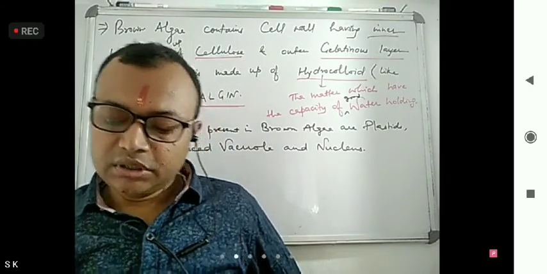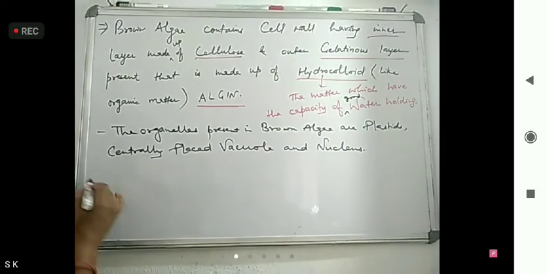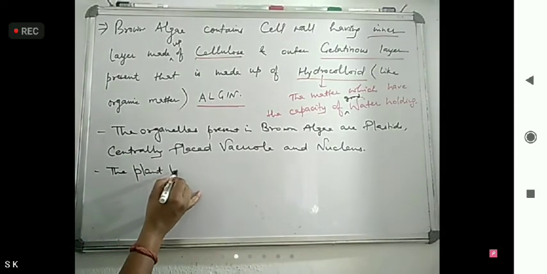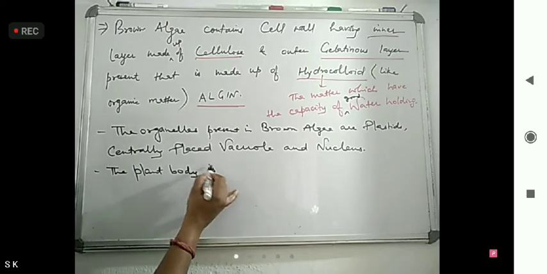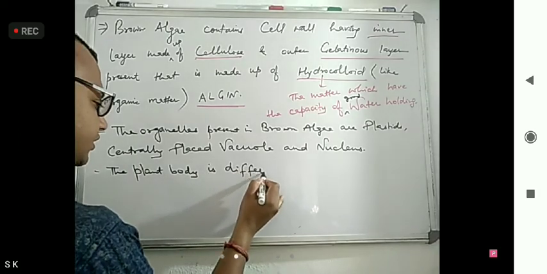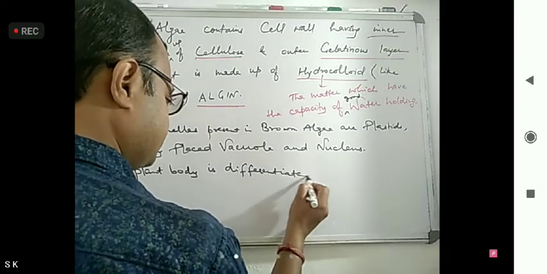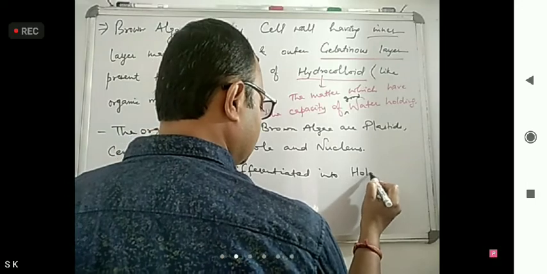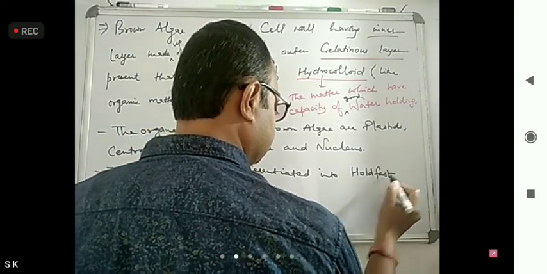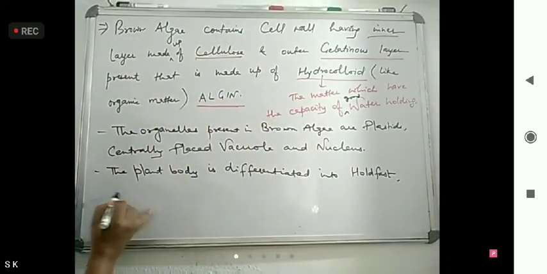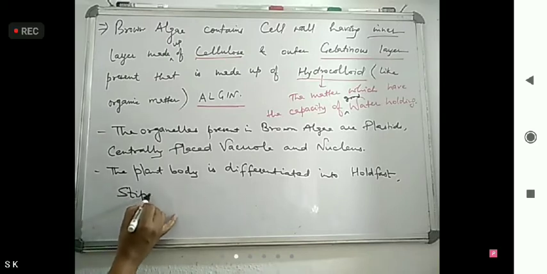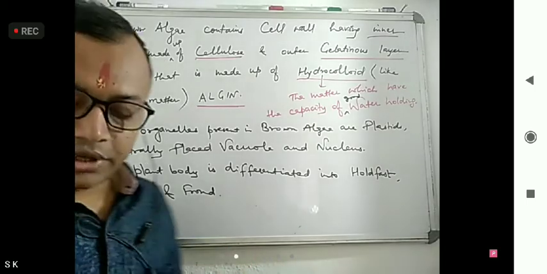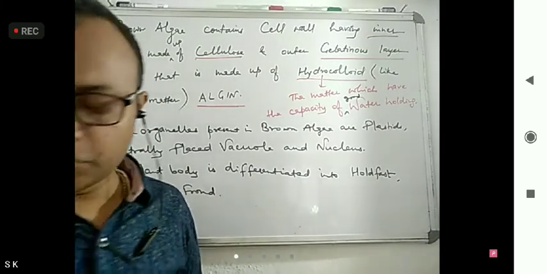So what I told, the plant body is differentiated into hold fast, stipe, and frond. Okay. Now here hold fast doing what?